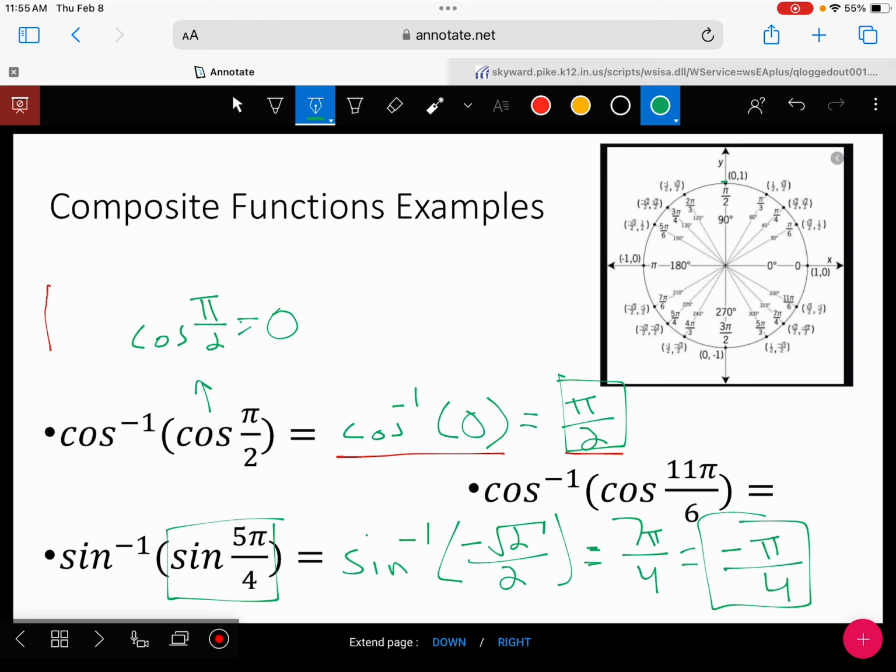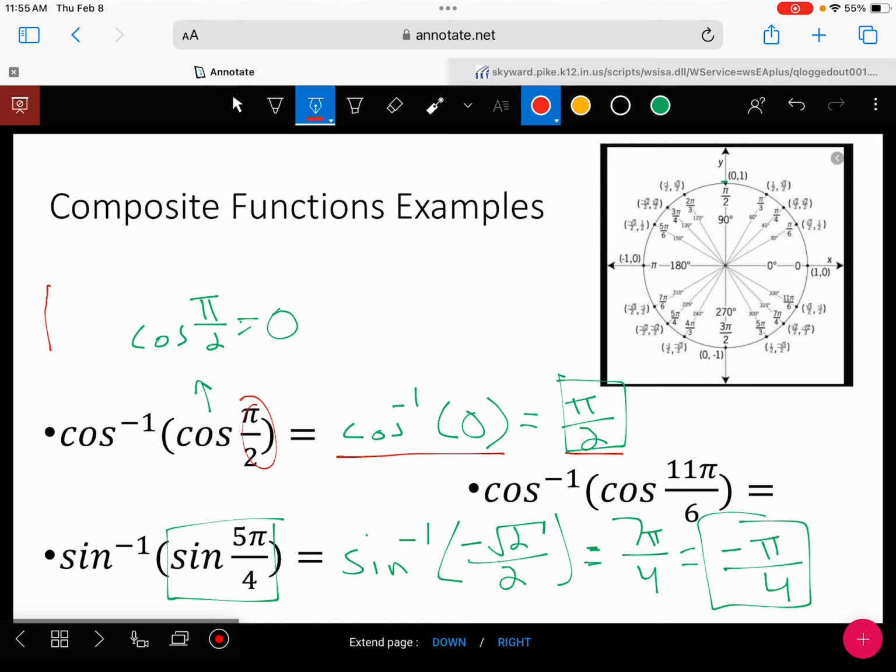So if you're kind of looking and you're like, okay, I know an inverse undoes the normal function, you're kind of right-ish. You're like 95% of the way there. But if you were then to go say, well, these two are just going to undo each other, I know my answer is going to be pi over 2, you would only be right about half the time. Do not trust that trick.